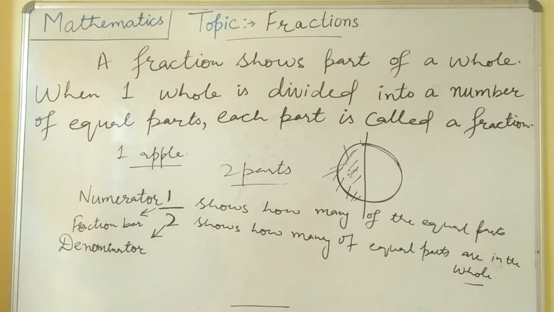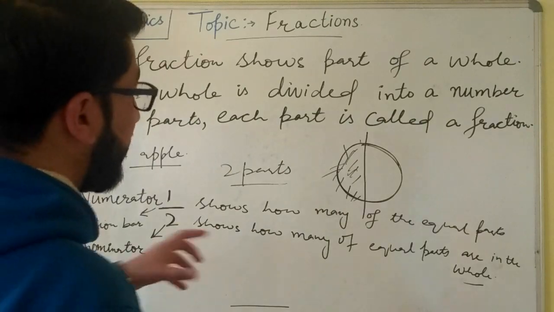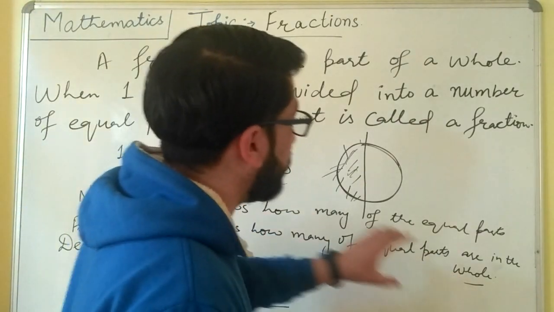So the denominator shows how many equal parts we have divided a whole into, and the numerator shows how many parts of the equal parts we have taken from the parts we have divided the whole into.